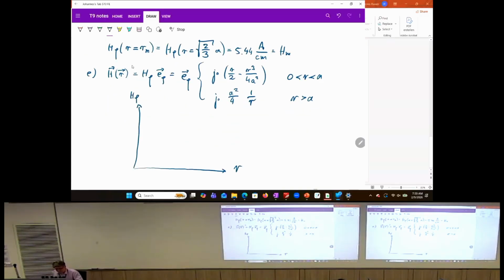So you have H phi versus r, you have here Rm and a, you have there the maximum value Hm, and at r equal a, you have the value Ha. Here you're inside the discharge tube, and here you're outside.